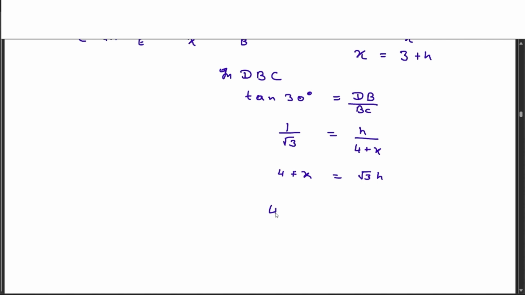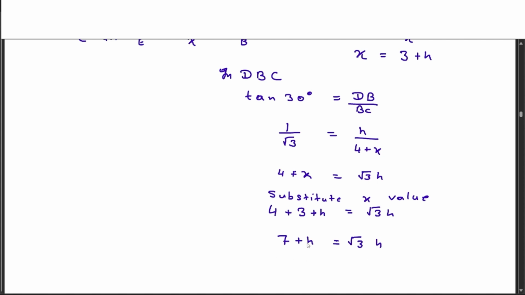So 4 plus 3 plus H, you will get root 3 H. So now you will get 7 plus H is equal to root 3 H.